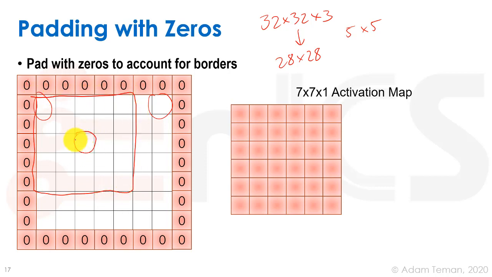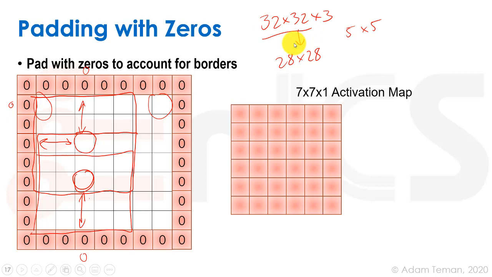Our first pixel focused is over here, so we lose 2 in every direction. Our last filter will be down here, right? Oh, I missed one, I meant like that. That means we were focusing on this, so we missed 2 in this direction too. So we actually lost a total of 4 pixels. So in this case, we would need to pad by 2 zeros on each side to keep it at 32 by 32 at the output activation.